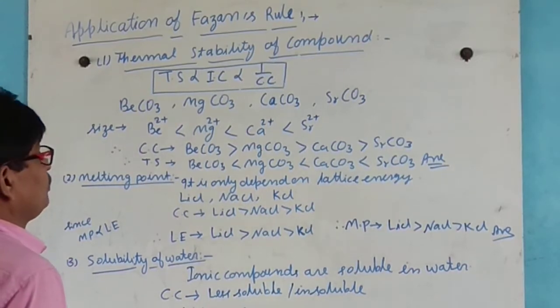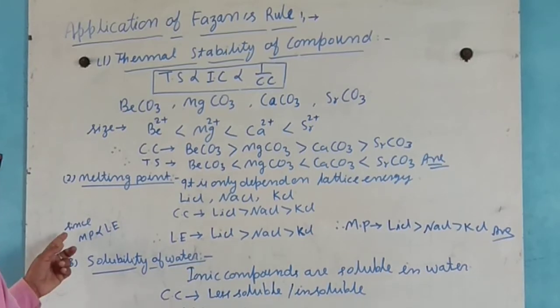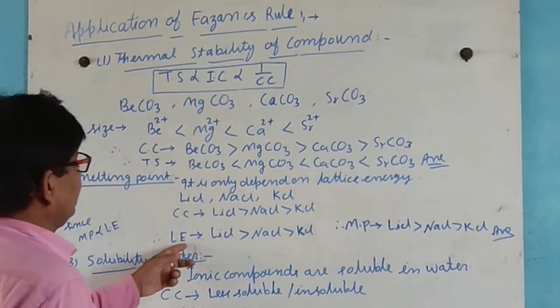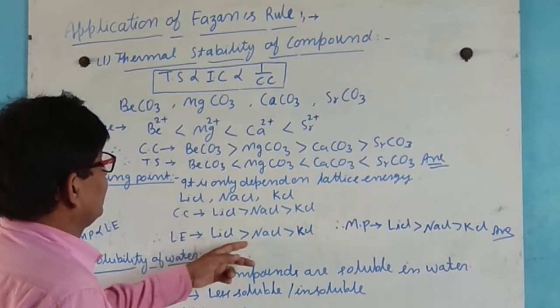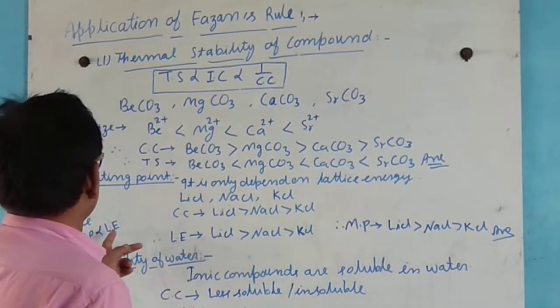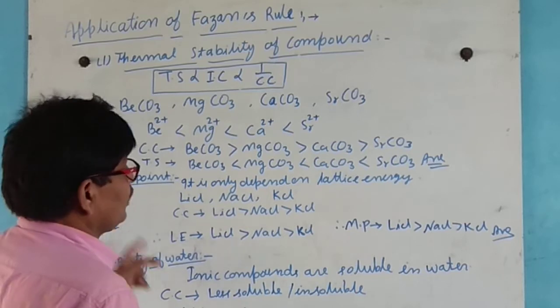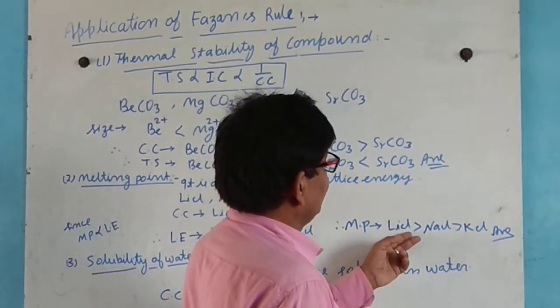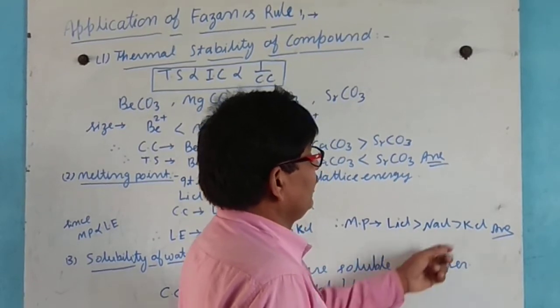The melting point is proportional to lattice energy, and the lattice energy of lithium chloride is greater than the others, so the melting point of lithium chloride is greater than sodium chloride, greater than potassium chloride.